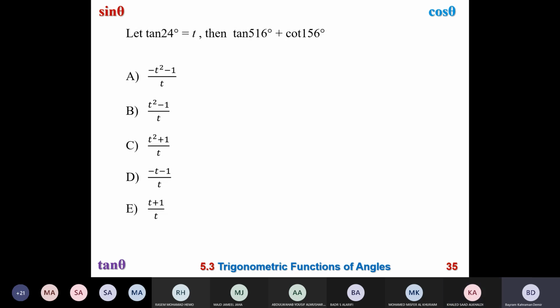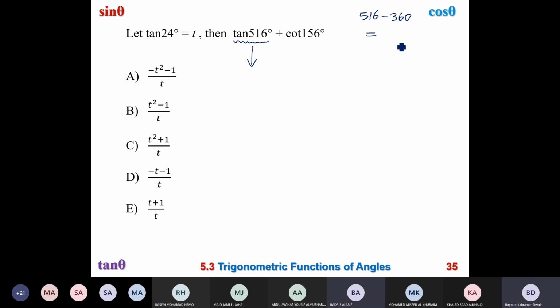Let's see what the relation is with tangent 24. We can rewrite it as sine over cosine. First find the coterminal angle: 516 minus 360.